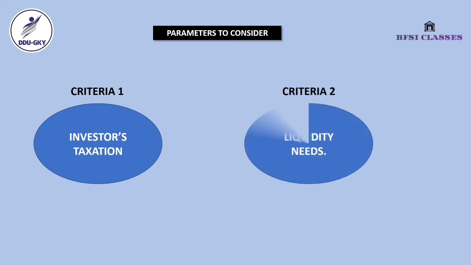Investors' taxation is important because we should choose a scheme with a small rate of taxation. It will increase the return on that scheme. The second criteria, liquidity needs, means we should choose a scheme with higher liquidity options. Liquidity means the ability to convert into cash in a faster mode.